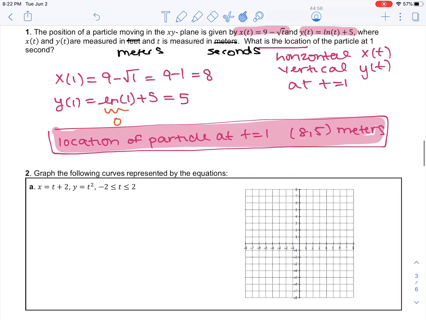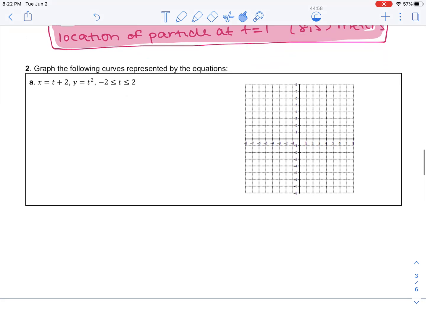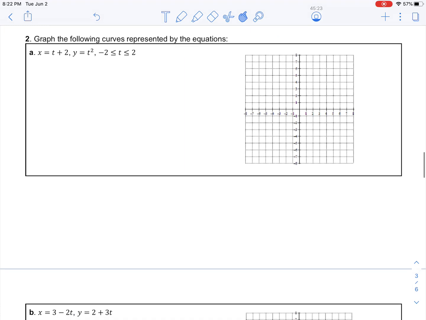Okay, so question 2, parts A, B, and C all ask us to graph the following curves represented by each of the equations. We're given a function defining x in terms of t and a function defining y in terms of t, and we're asked to analyze these functions on the domain for t from -2 to +2. The goal is to use these parametric equations to generate xy coordinate points that we can then plot on our graph.